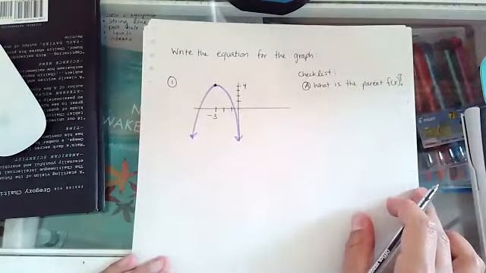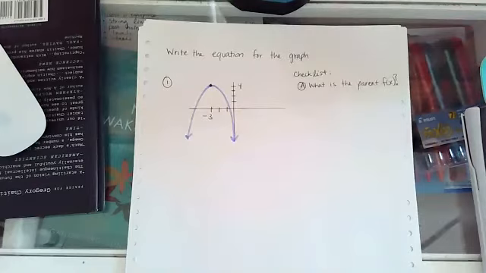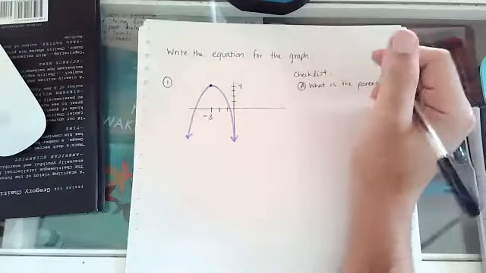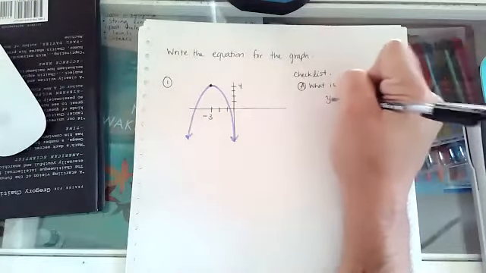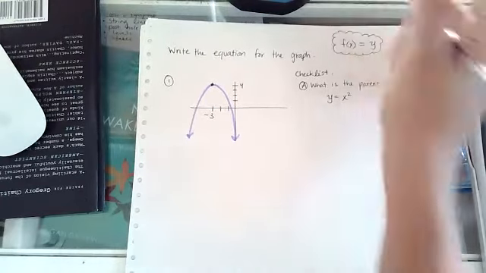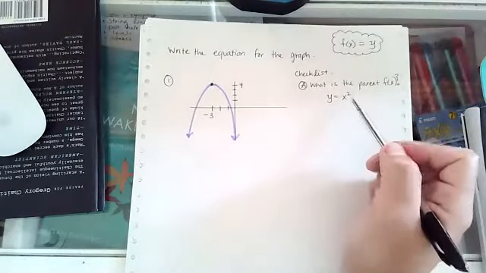So what is the parent function that generates a graph like this? f of x equals x squared, or you could just say y equals x squared. Because remember that f of x is the same thing as y. Okay, so that's our parent function.